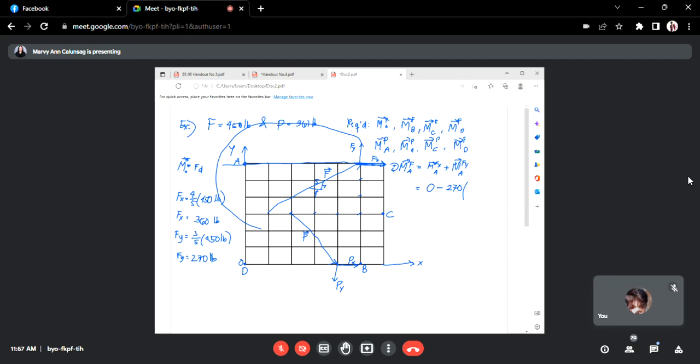Fy is 270 pounds. How much is its distance from A? 1, 2, 3, 4, 5. 5 units, since I said 1 unit per cell. So, times 5. So, the moment of F about A is negative 1,350. Let us say each cell is 1 foot, so the unit is foot-pound.